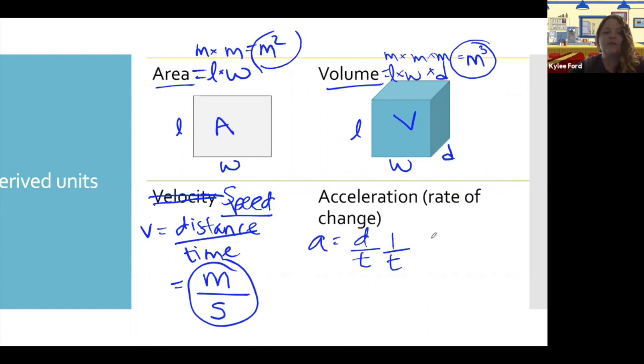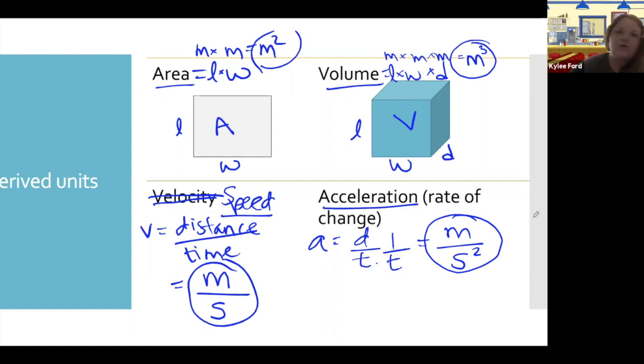If we're just looking at our units, our distance is going to be meters, and our time is going to be in seconds, and we have seconds times a second, so that's going to be seconds squared. And that is our derived units for acceleration.